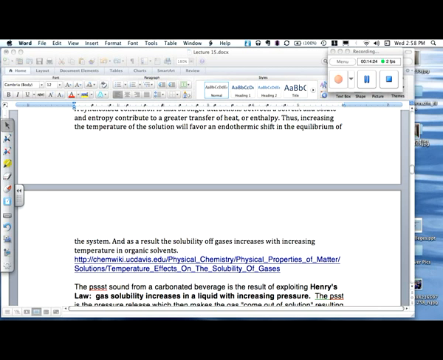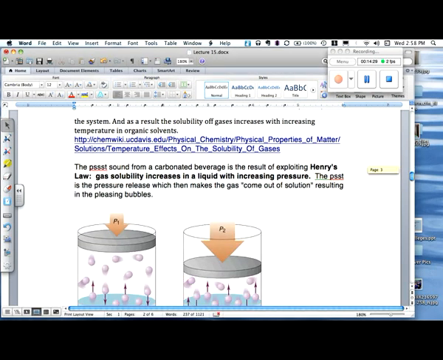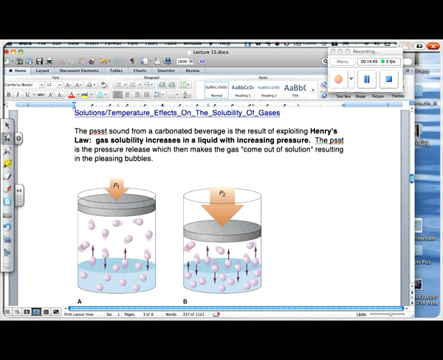Now, one thing else to talk about is what happens with gas solubility with pressure. So we exploit this, hence called Henry's law, that gas solubility increases in a liquid with increasing pressure. So when the cap is on the carbonated beverage, it is like this diagram over here.